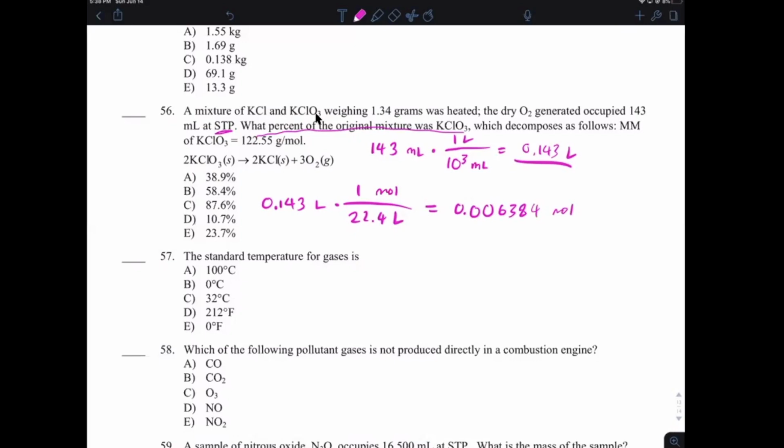And then using this, it gives us this formula. So this just tells us the ratio that we need. So if we have this many moles of O2, let's copy this.